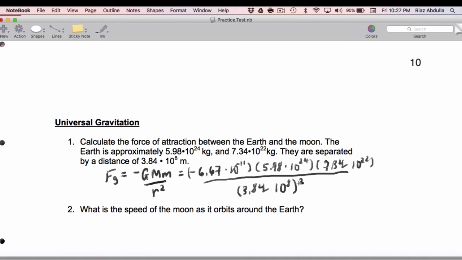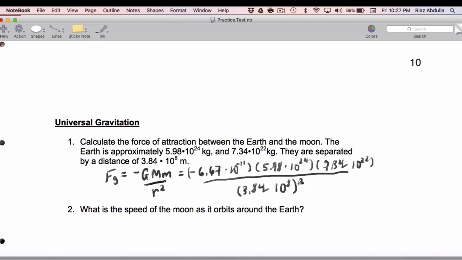So we'll run all that through the calculator, and we'll get our answer in a second. I'm just running it through my numbers here.